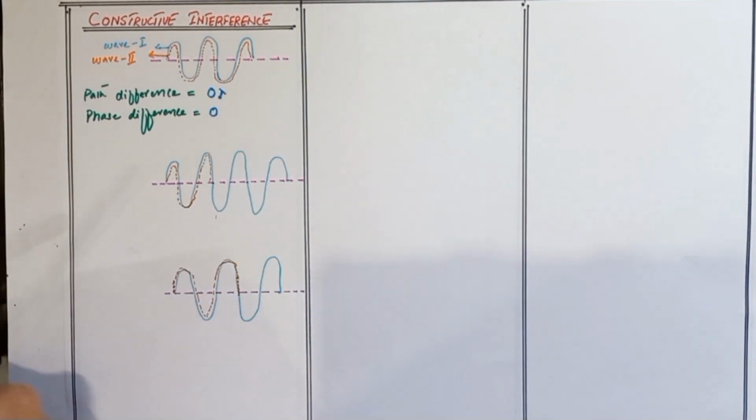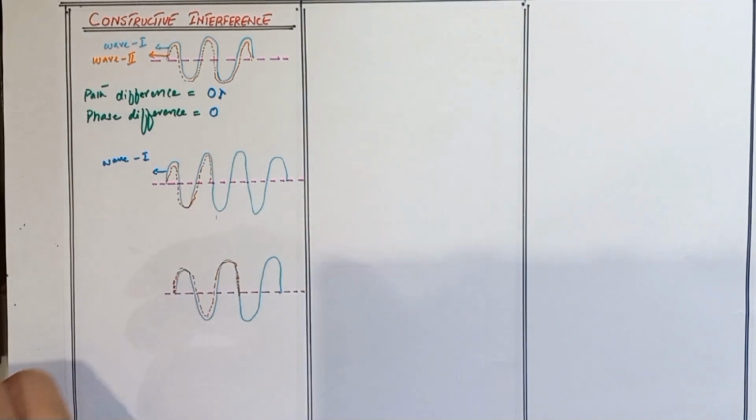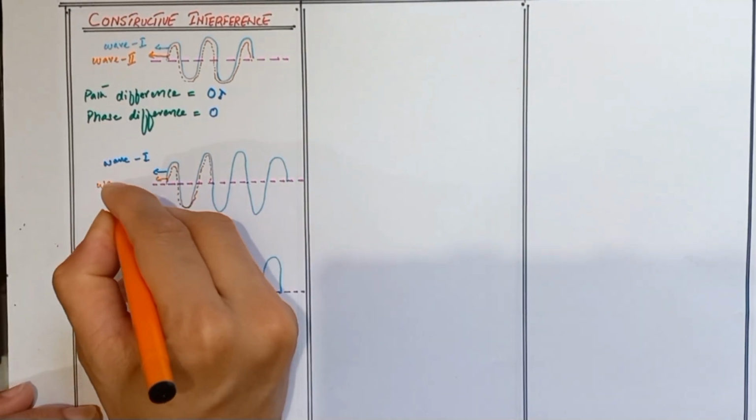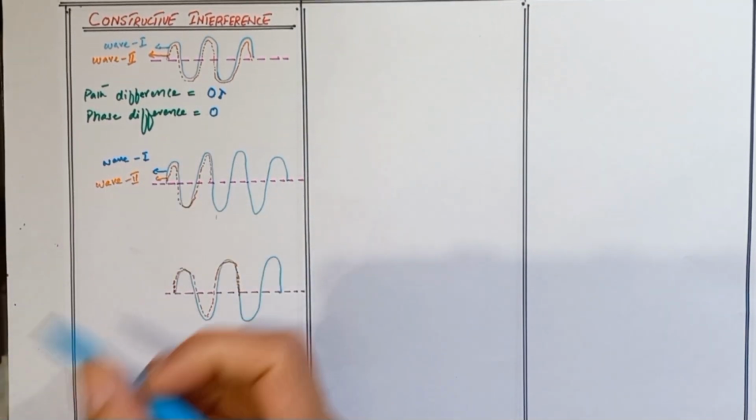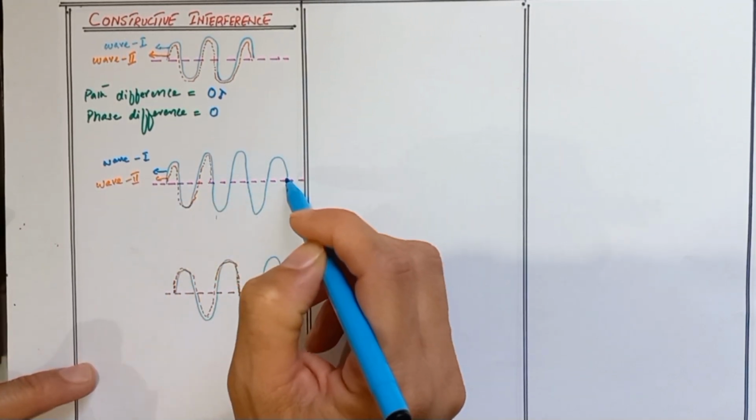In this case, this is wave 1 and the dotted line is wave 2. The dotted wave travels a smaller distance than the blue wave.